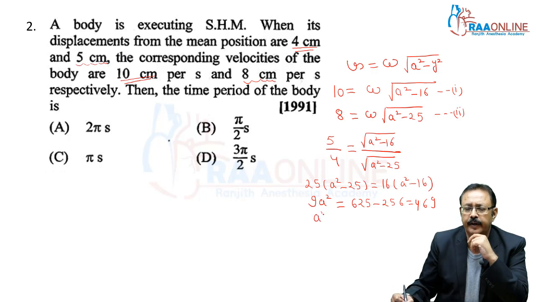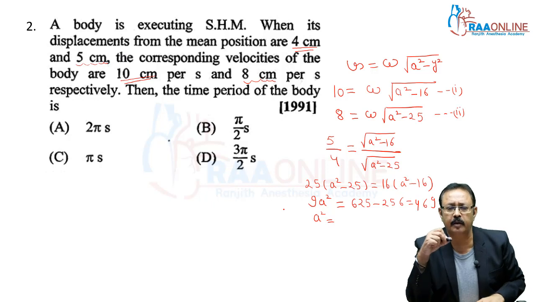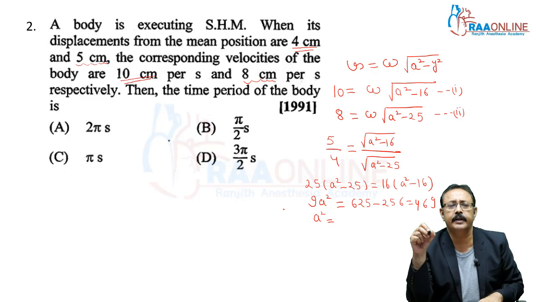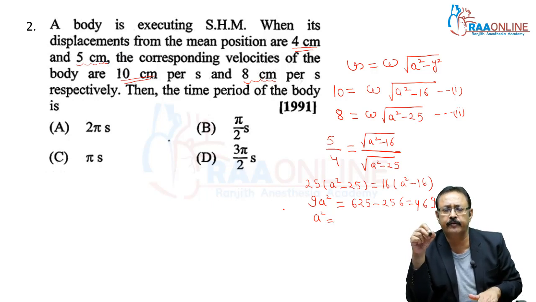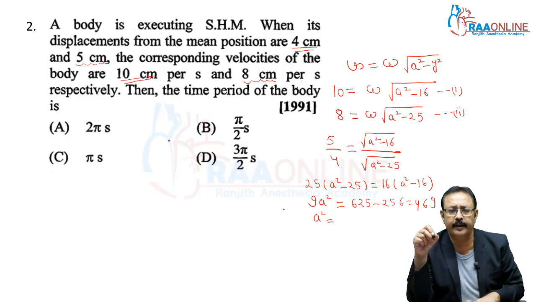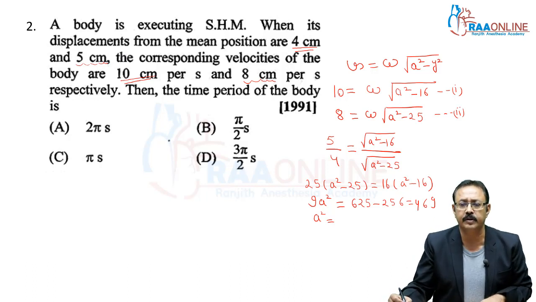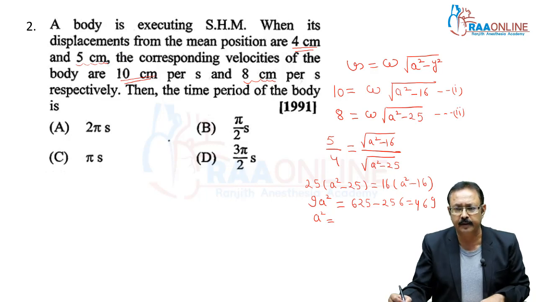So what is the value of a square? 9 5s are 45, not a complete number. It means the calculation is tough. What they are saying is that when the displacements from the mean position are 4 and 5, the velocities were 10 centimeter per second and 8 centimeter per second.